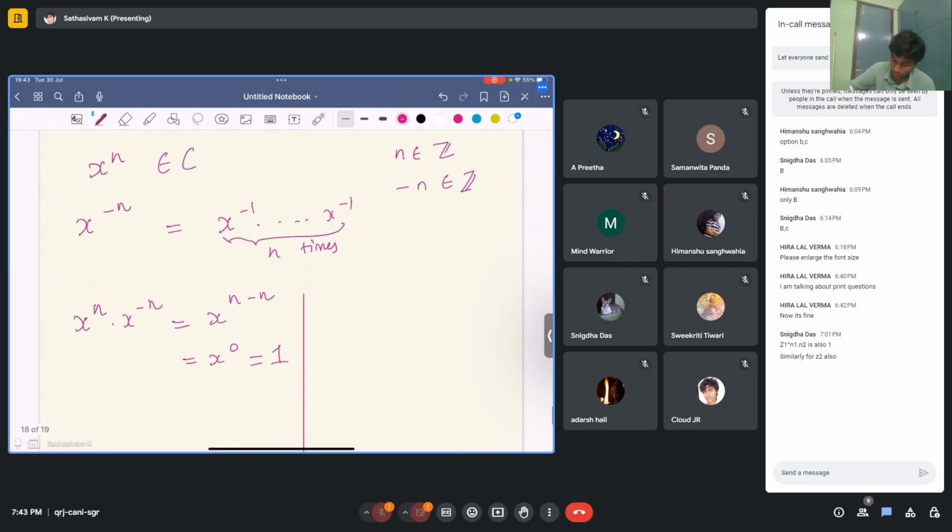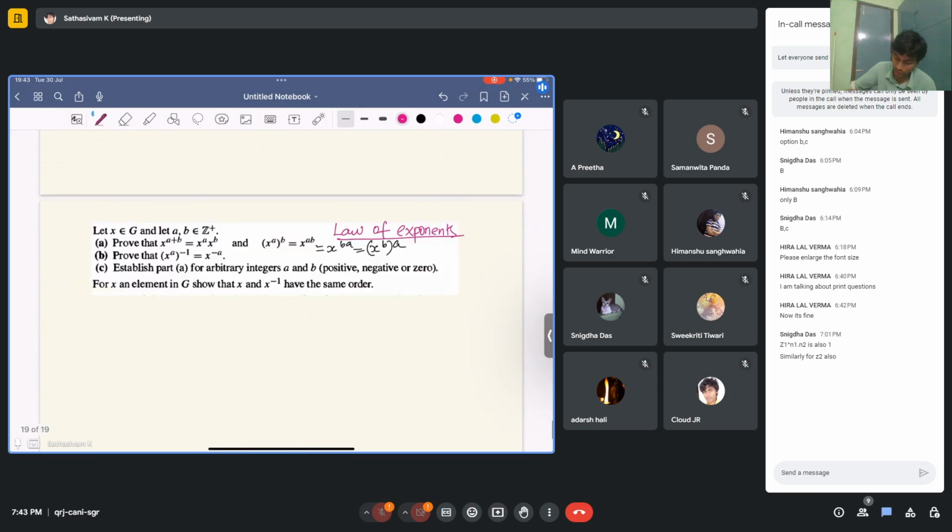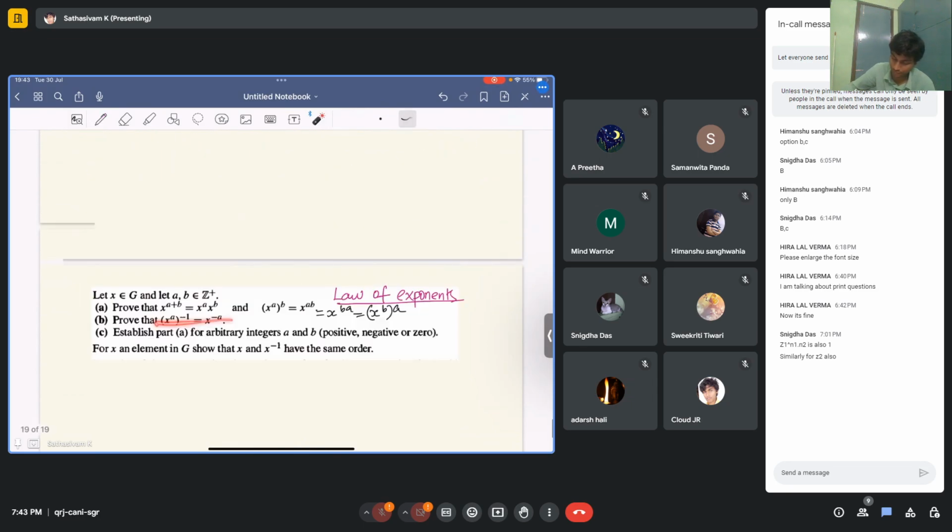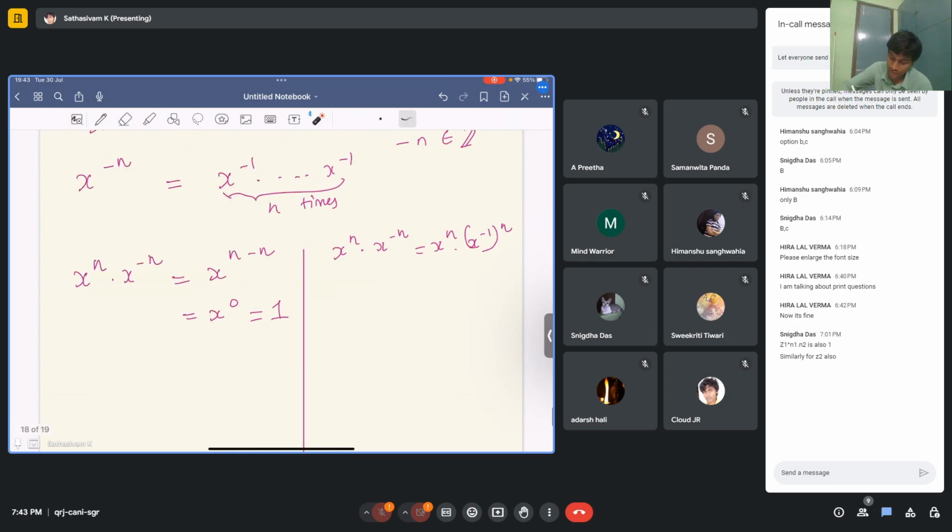Another way is you write x power n times x power minus n. This is the same as x power n times x power minus 1, to the power n. That is the second part, so you can use the second part. Then observe that x commutes with itself.